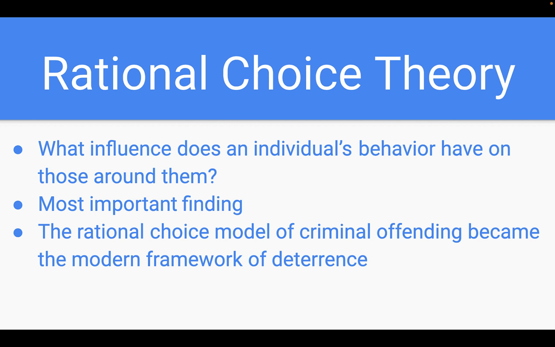Another important finding is that the expected benefits, particularly the pleasure someone would get from offending, had one of the most significant effects on their decision to offend. So this rational choice model of criminal offending became the modern framework of deterrence.